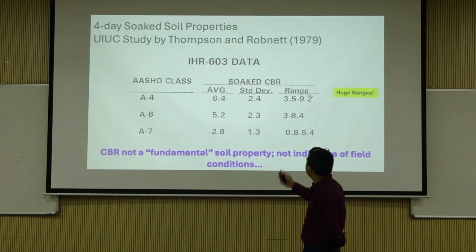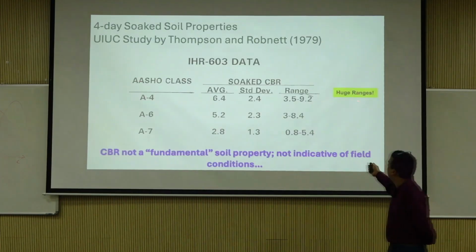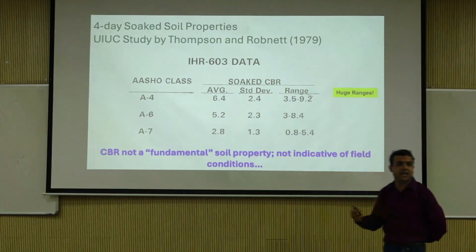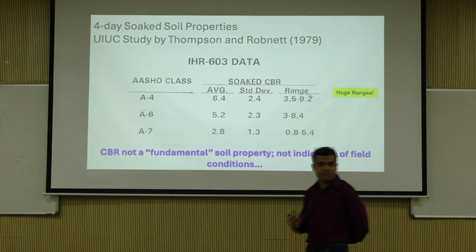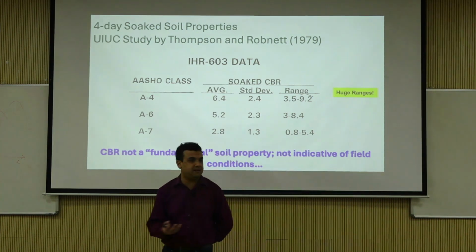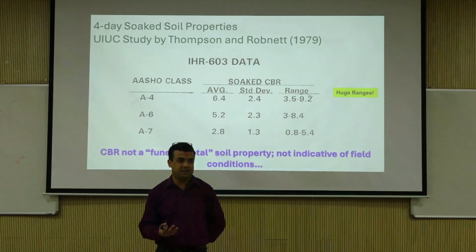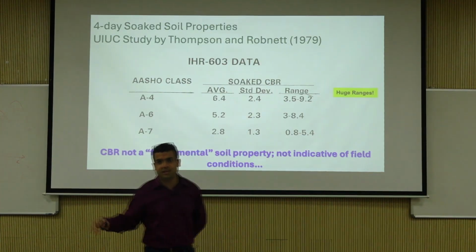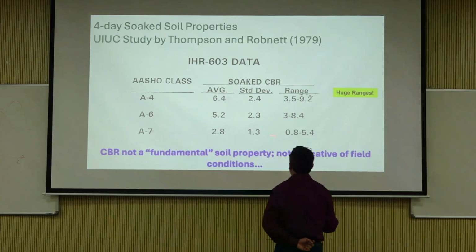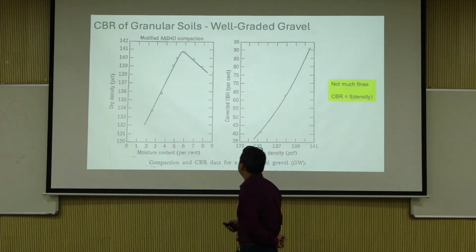The bottom line to talk about is, for any soil classification, you have huge ranges. So if you just say I have a CL, tell me what the CBR is, it's not possible. It has a lot of things that affect it, right? So it's not a fundamental property, so we should not be focusing on that primarily.